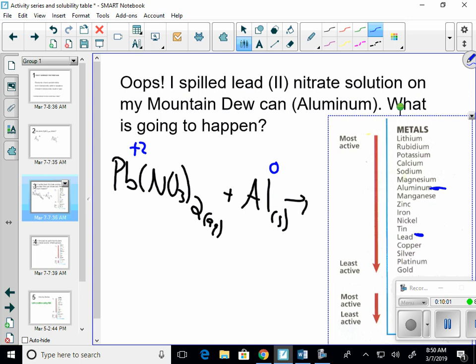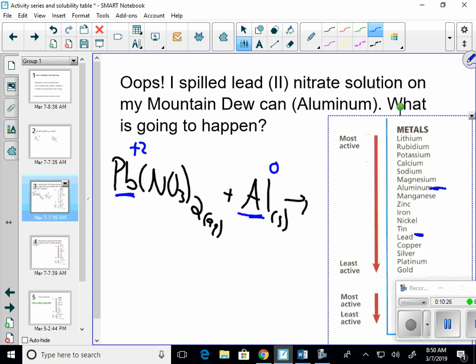Well, in this particular problem here, aluminum is higher on the list than lead, meaning that it's going to be more likely to make that trade happen. It's going to be the thing that pairs up the nitrate. It's going to be the thing with the charge. How the activity series works is you identify the element in the compound and the lone element.